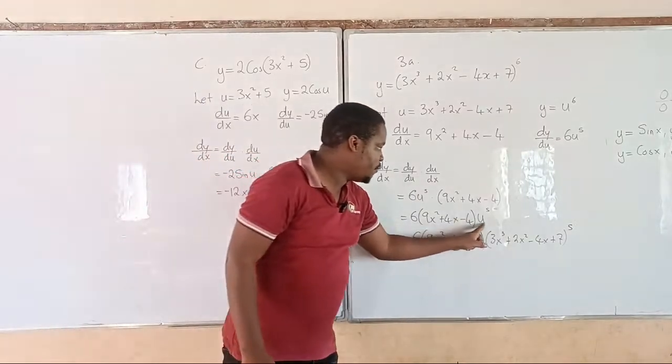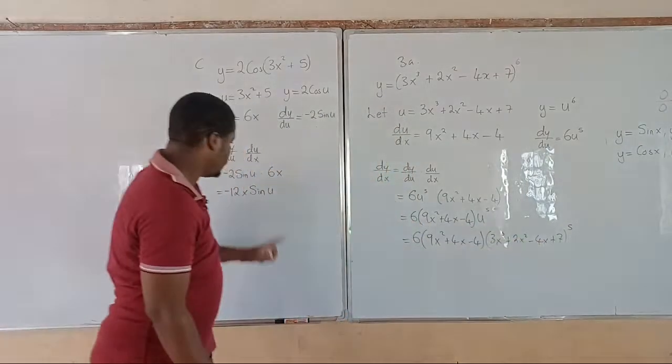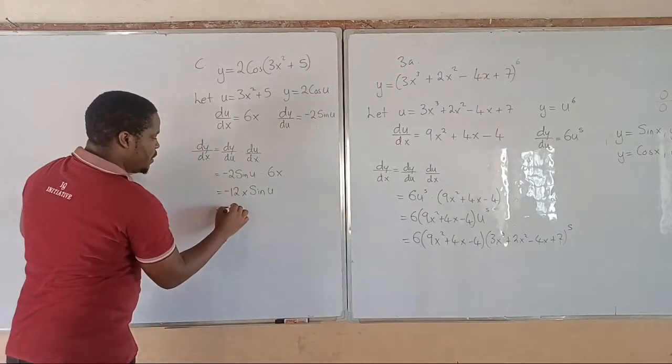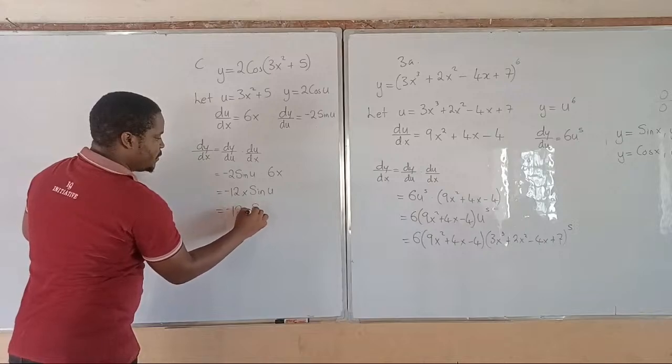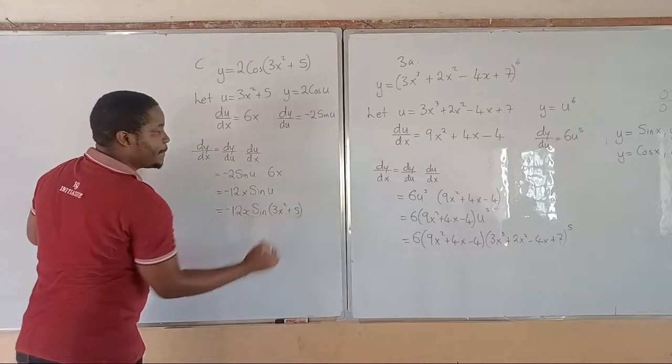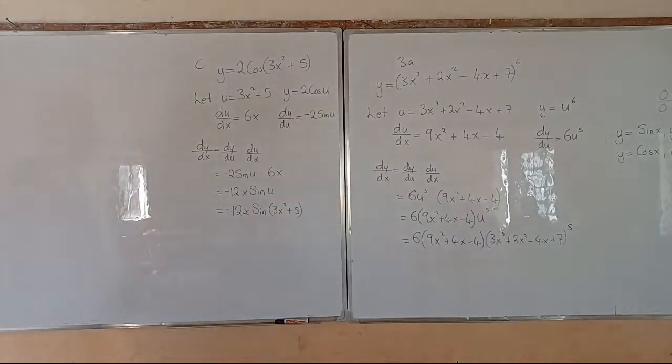Remember, in the final step, we brought back u. Same thing. The final step will bring back u. So final answer, negative 12x sin(3x^2 + 5). That's it. That's your answer.